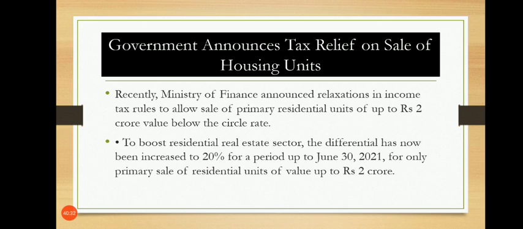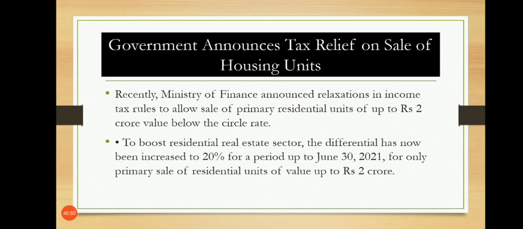Government announces tax relief on sale of housing units. So this we have also talked under Atmanirbhar Bharat 3.0 that government has given some tax reliefs to the buying of houses and all.